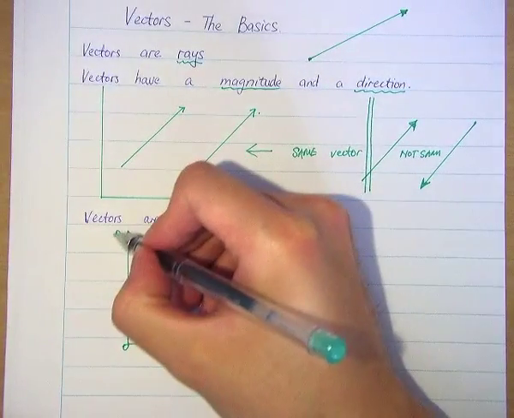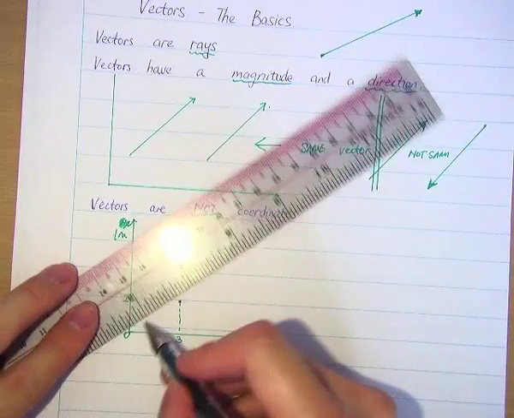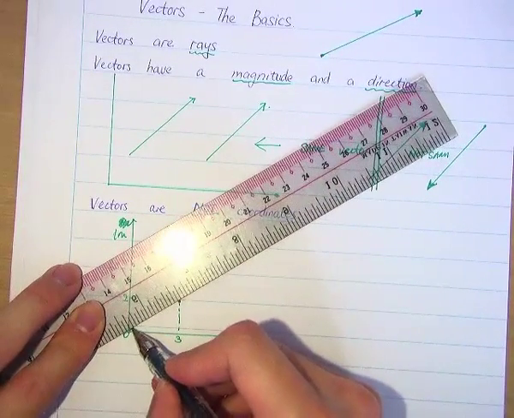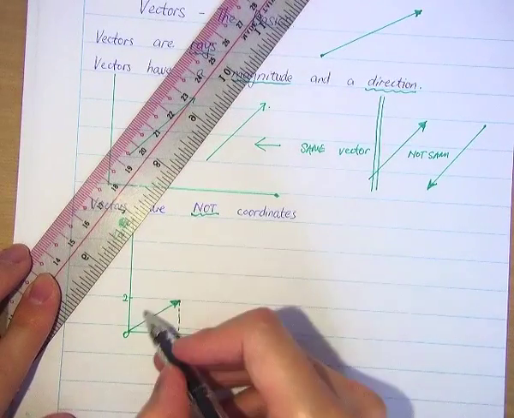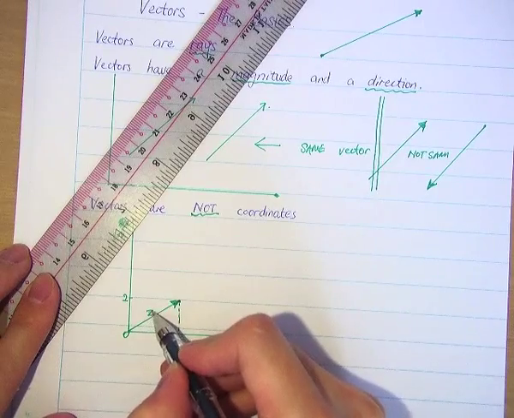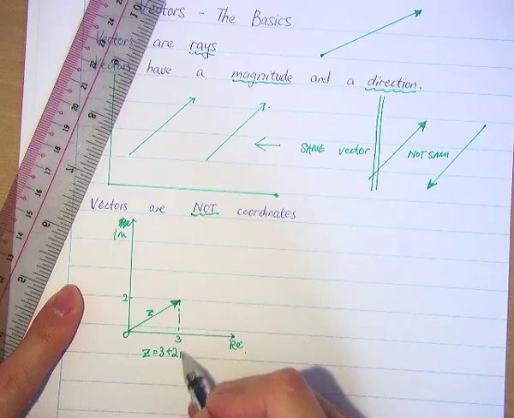Sorry, that's the real and that's the imaginary. Then we'll have a vector joining the origin to that coordinate, and this vector will be called z. Now, we know what z is. z equals 3 plus 2i.